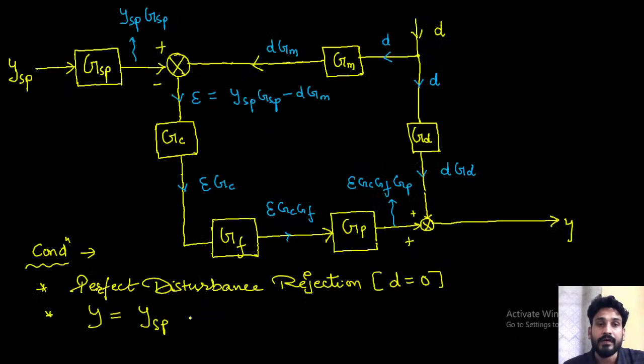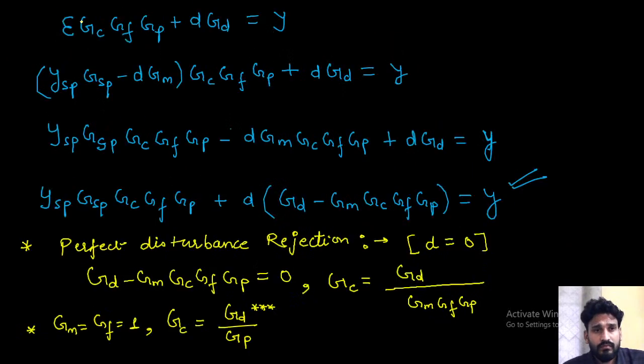The second type of question they ask is about the transfer function for the set point. What I'm saying is that they can ask you the transfer function of the controller, and they can ask you the transfer function of the set point. So how to calculate the set point transfer function?